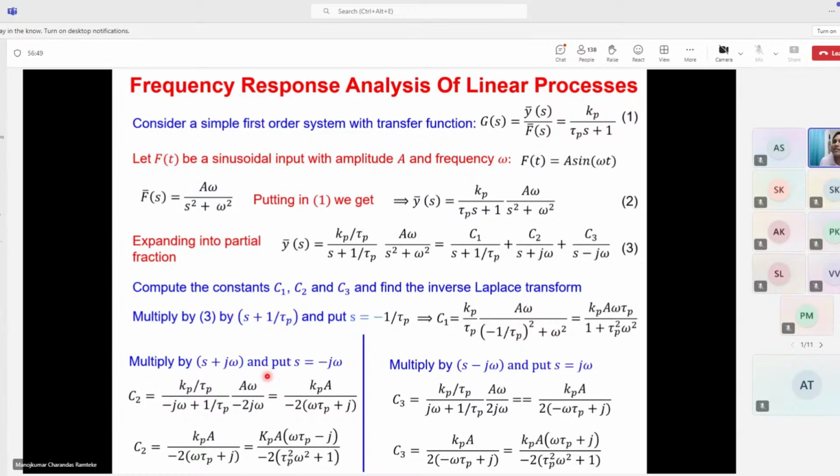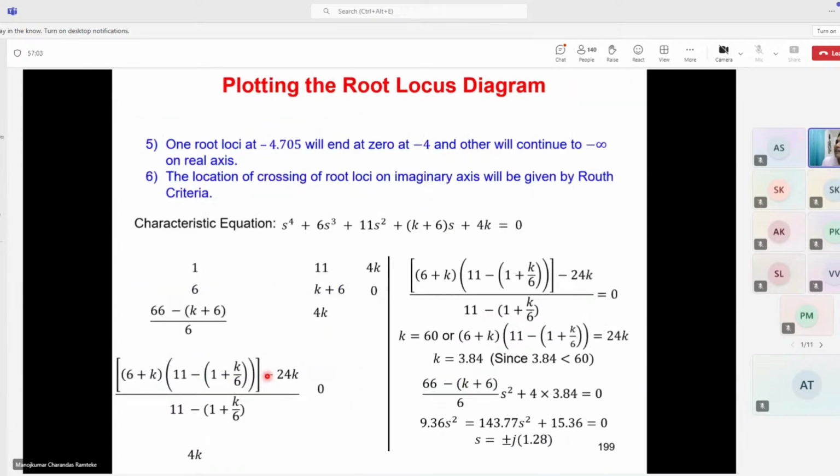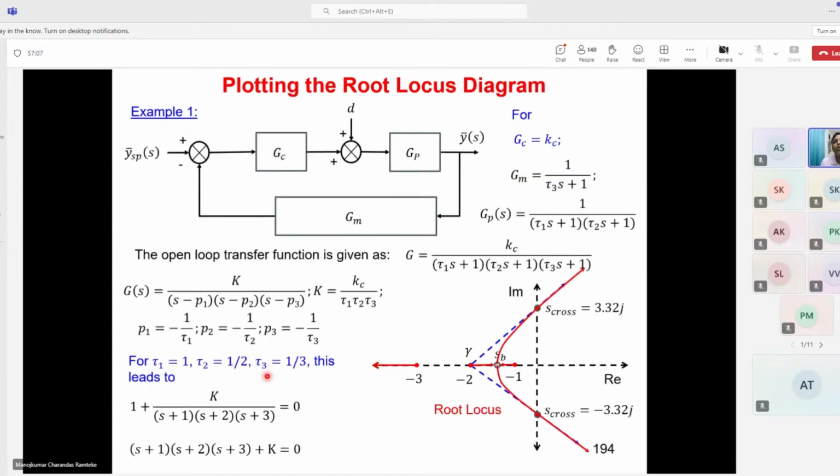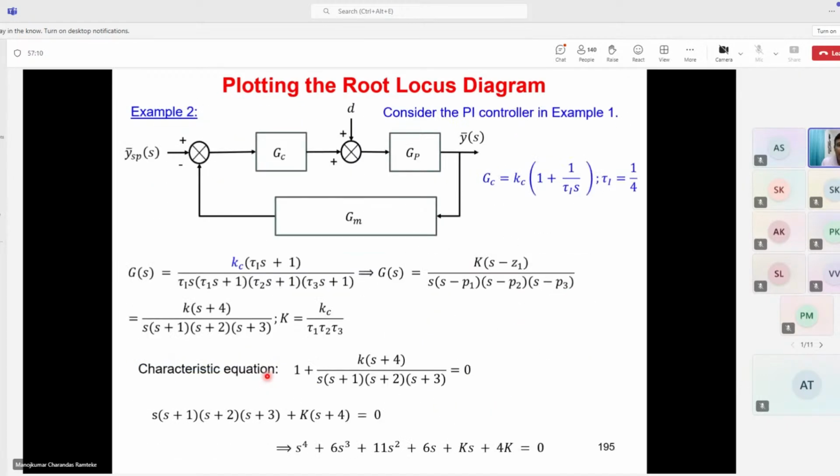There will not be any system without a dead time. So whenever I have a system with dead time and I want to find out the stability of the control system, if I am using the Routh stability criterion or a root locus, for instance, let me take an example here to explain the concept.